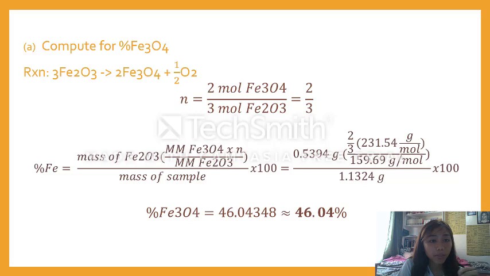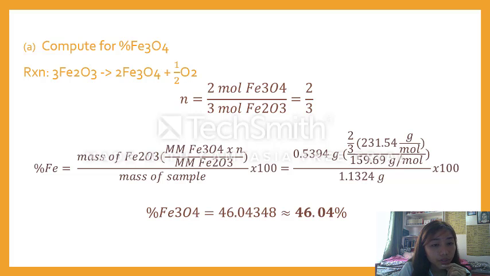So by that stoichiometric ratio maka-compute ta for N. So 2 moles of Fe3O4 by 3 moles of Fe2O3. So mao na atong stoichiometric ratio kay 2/3. Okay?